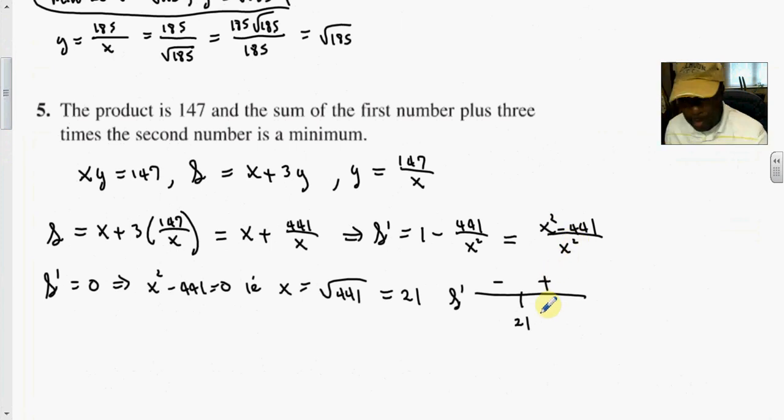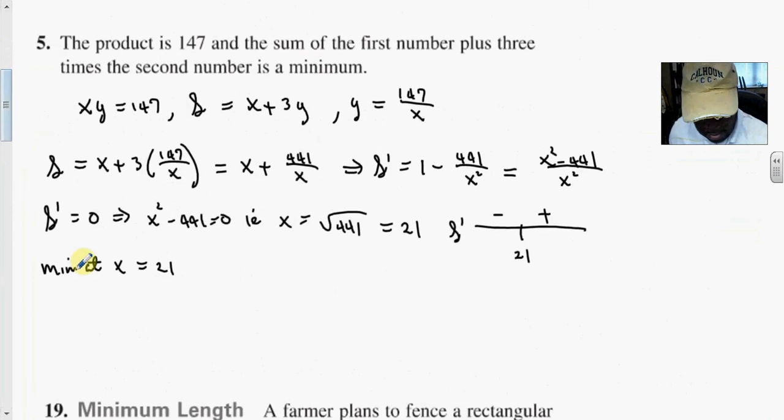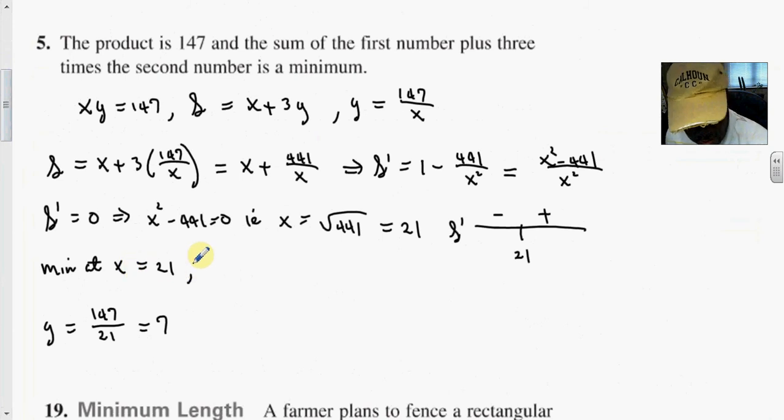So we have a minimum at x equal to 21. But what about y? Y was the 147 over 21, and that's 7. So we have a minimum at x equal to 21 and y is equal to 7.